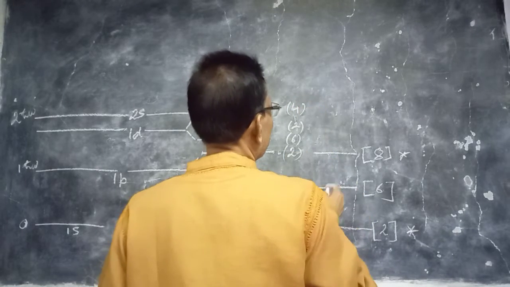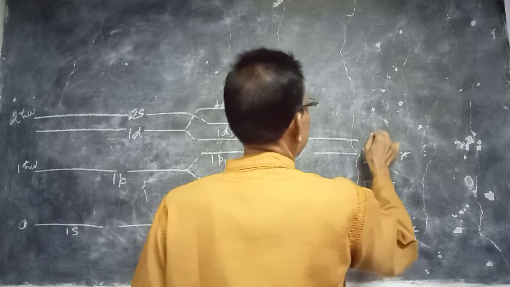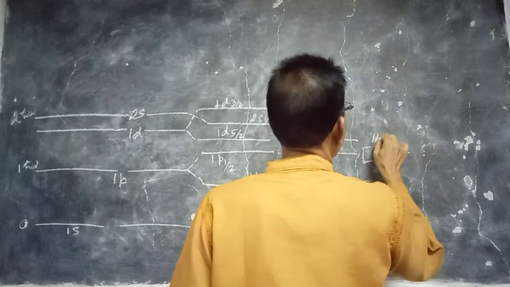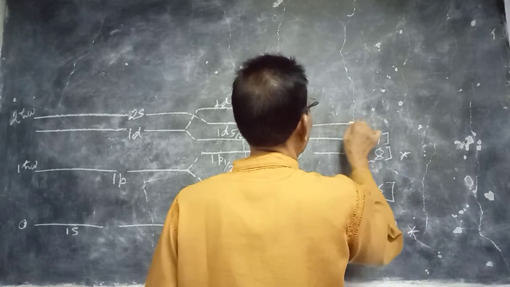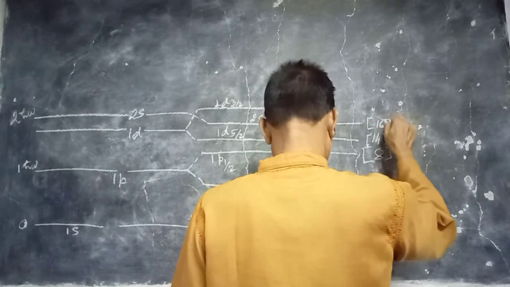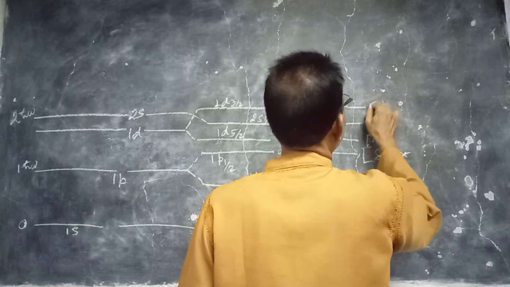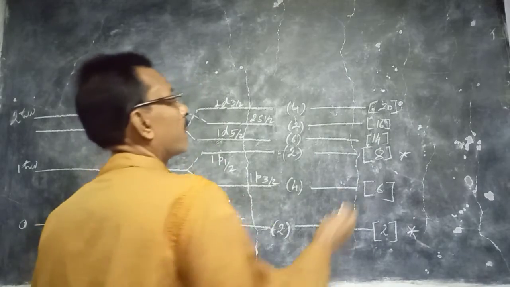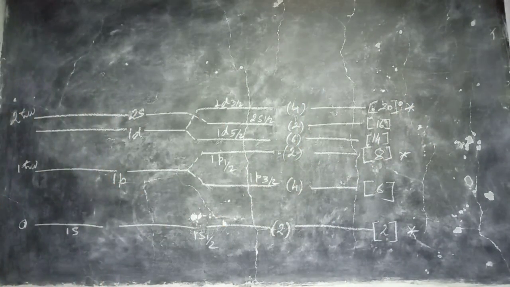So up to this you get 8 plus 6, 14, then 16, and here you get 20. This is another completely filled state up to this.